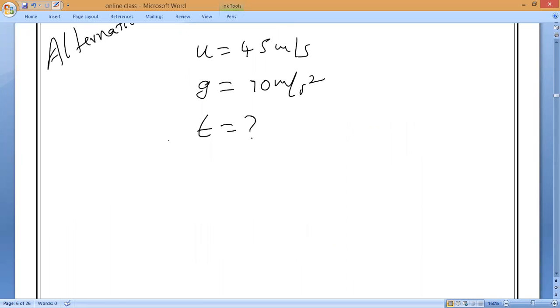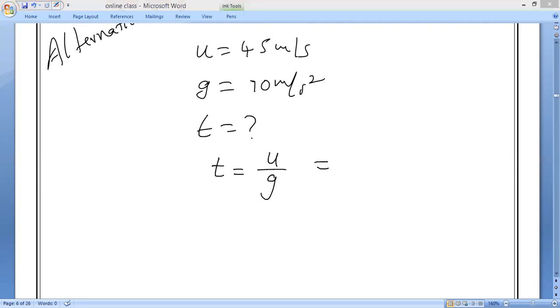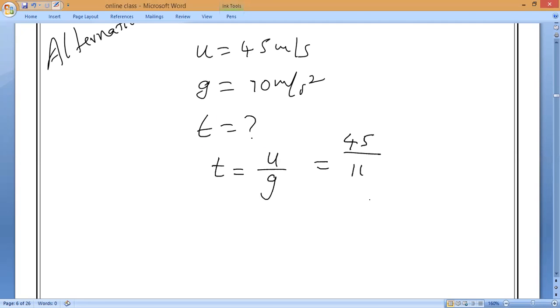Time of ascent to reach maximum height is T equals U by G. Initial velocity 45 divided by g value 10 equals 4.5 seconds. Clear? That is the alternative method.